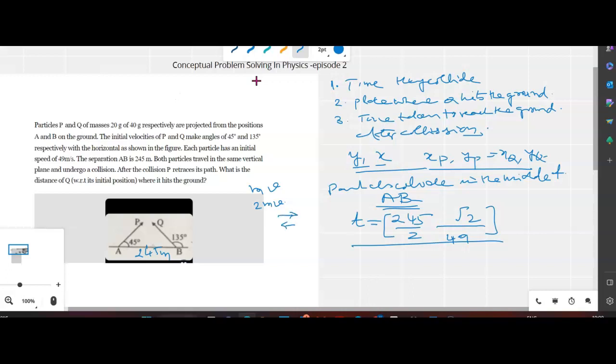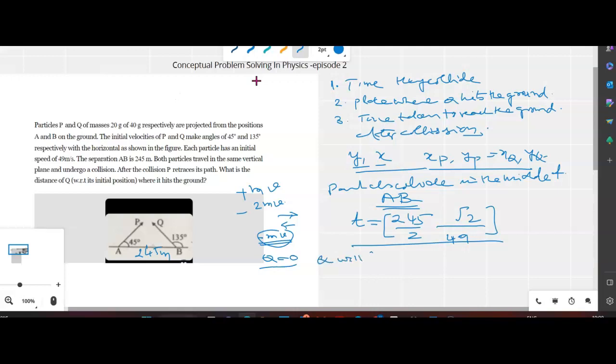If P has to retrace its path, then the net momentum is minus mv: minus 2mv plus mv is minus mv. So the conservation of momentum says that because the entire momentum is carried by P, because it is retracing its path, the momentum of Q has to be 0.